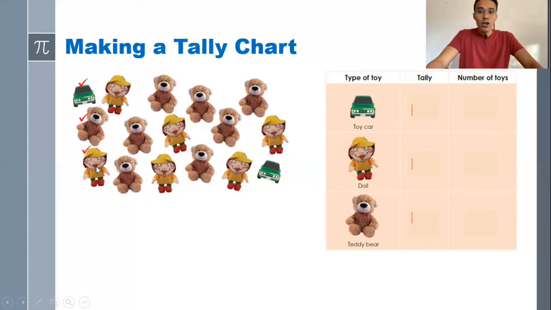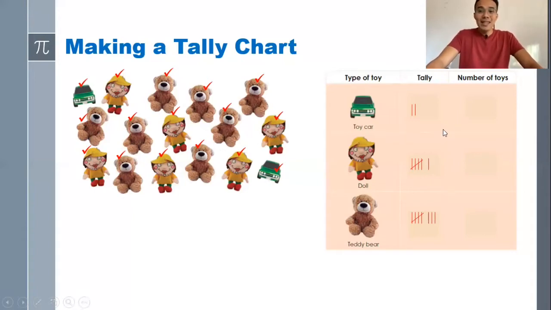We tick on one doll and there should be one tally mark under this column. Next, we tick on this doll and add one tally mark under this column. And you do that until you are able to tick on the last toy in the picture. Did you get that?